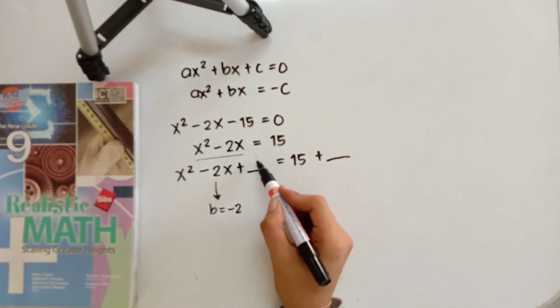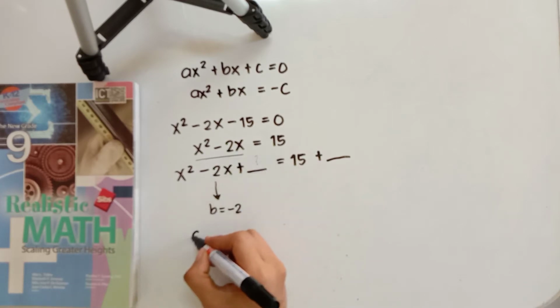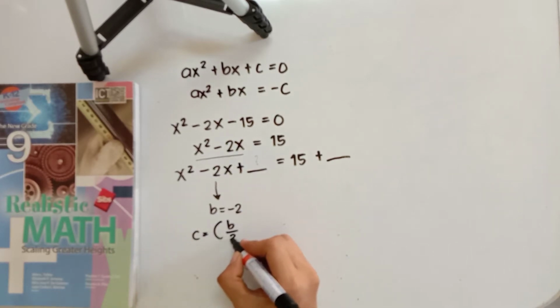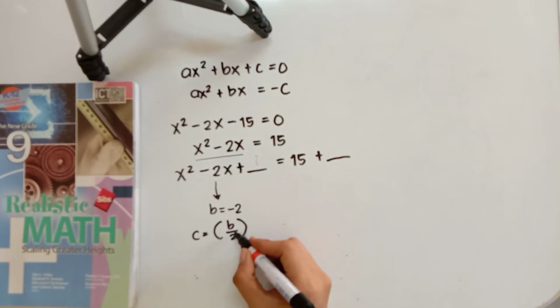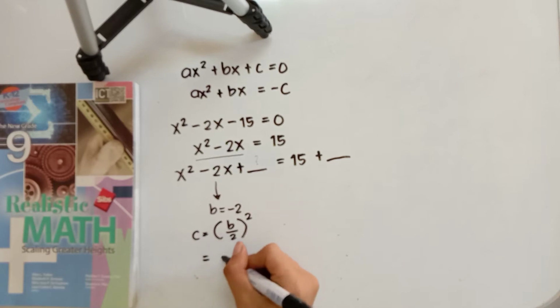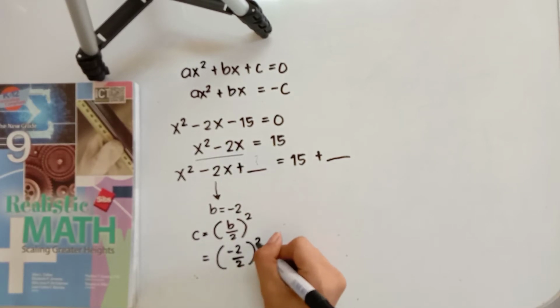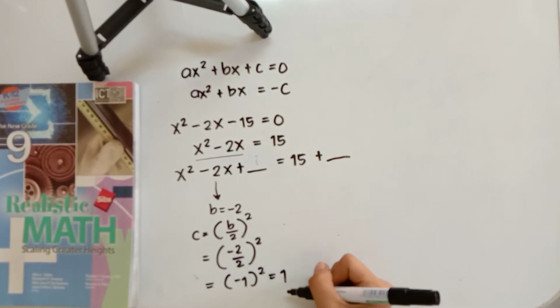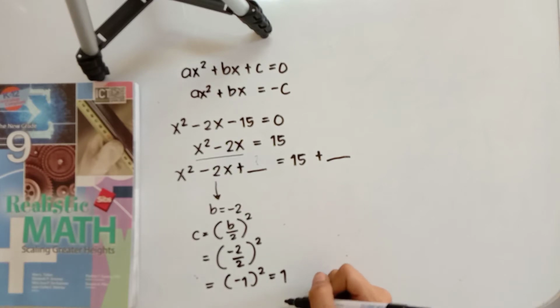In finding c, it is just the square of the quotient of b and 2. So substitute: that becomes negative 2 over 2 squared. We have negative 1 squared, which is just equal to positive 1.